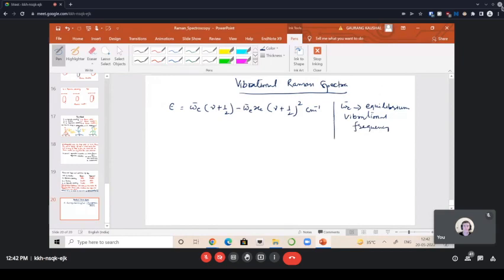And what was the xe? xe was the anharmonicity constant. Okay, we had this delta v, these are selection rules. These were 0, plus minus 1, plus minus 2, and so on.